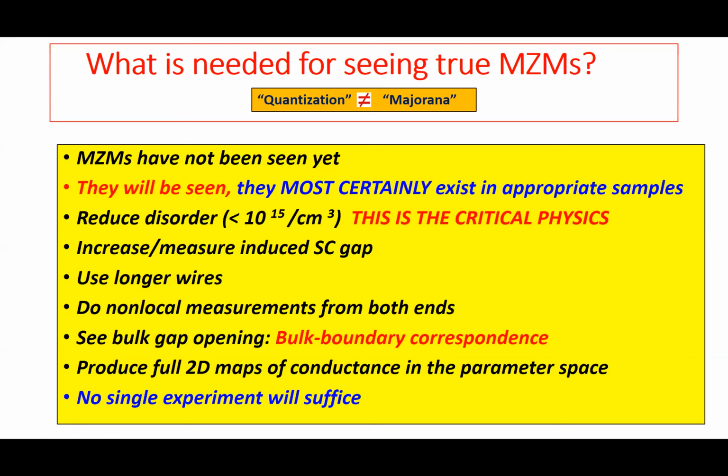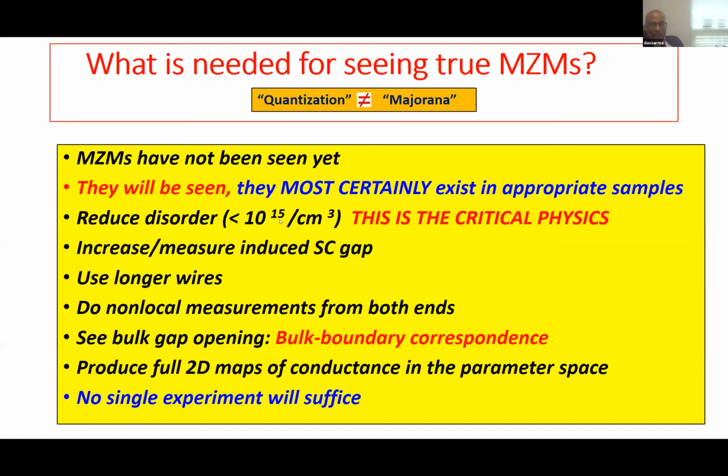Belita, this is what I emphasize, that there are too many constraints here. You need large spin orbit coupling. You need a large g factor, because if you do not have a large g factor, you have to apply something like a 10 Tesla field. So I don't know any, and this is the number I gave you: reduce disorder below 10^15 per cubic centimeter. I mean, we are putting our money where our mouth is. We did a lot of very hard calculations to come up with this number.